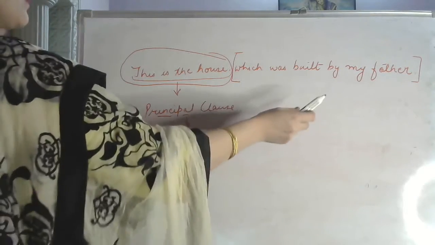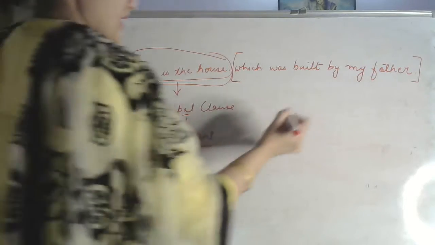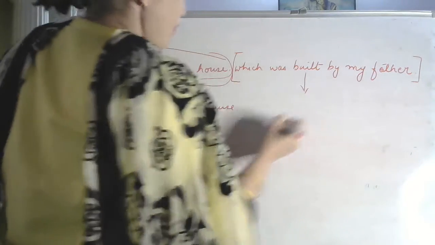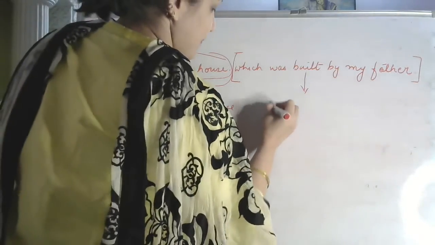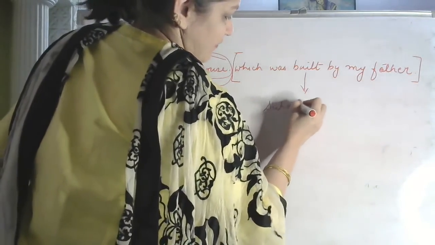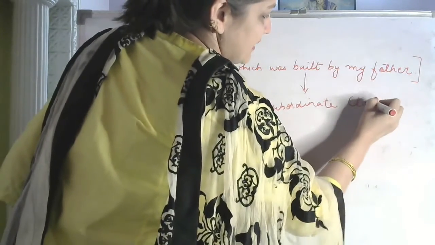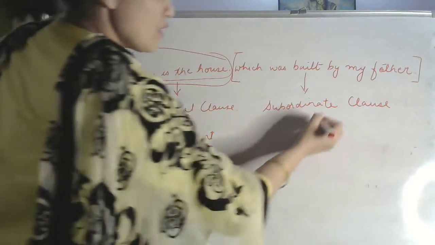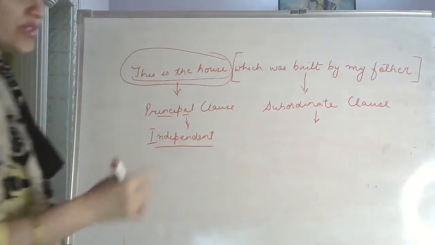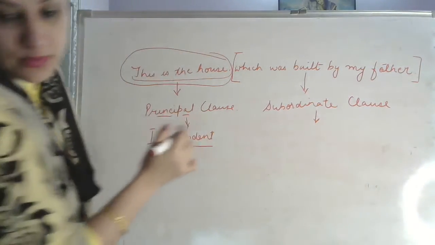Now, when we talk about this part of the sentence, it is not an independent clause. It is a subordinate. This is principal, this is the subordinate. So this is a subordinate clause, not the main principal. So subordinate clause, or we can say dependent clause.